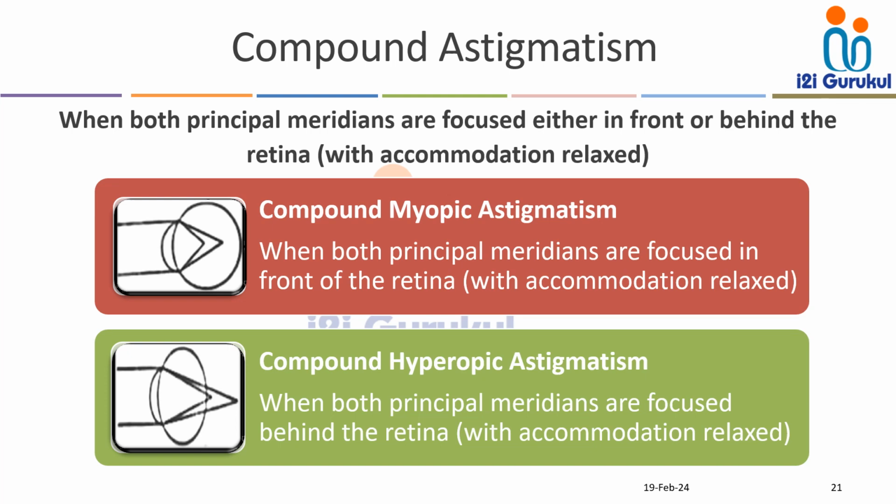When both principal meridians are focused in front of the retina with the accommodation at rest or in relaxed condition, that is called compound myopic astigmatism. And the second, when both principal meridians are focused behind the retina, this is called compound hypermetropic astigmatism, with the accommodation in relaxed condition.